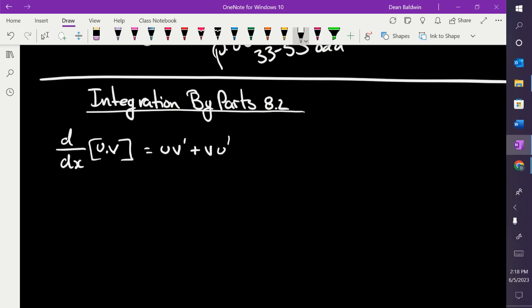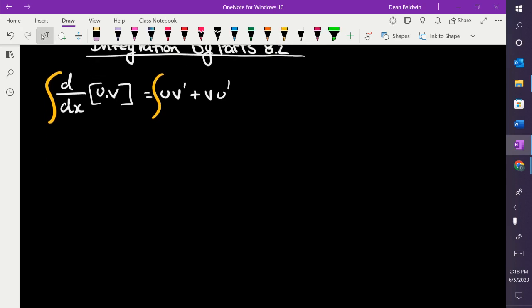If we want to go back, we would integrate it, correct? So if we integrate both sides, the left side, if I take the integral of the derivative of this, what am I left with? Just u and v, right?